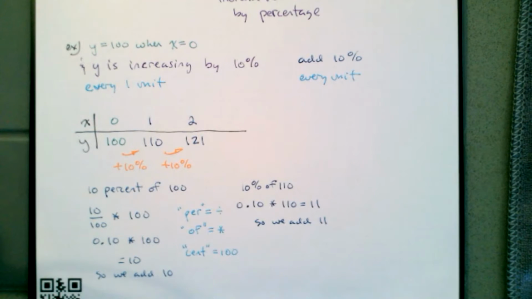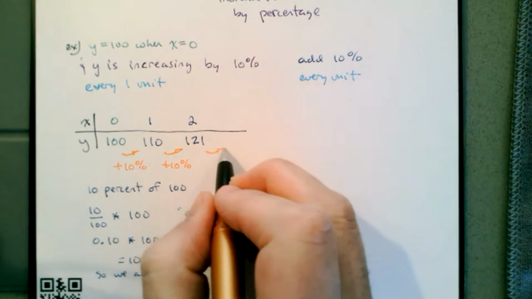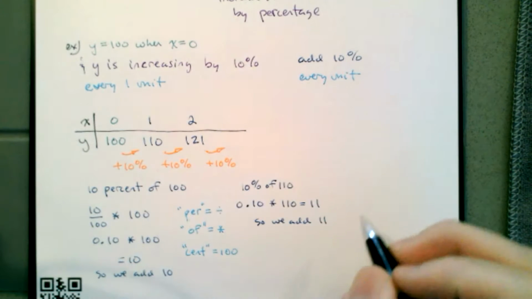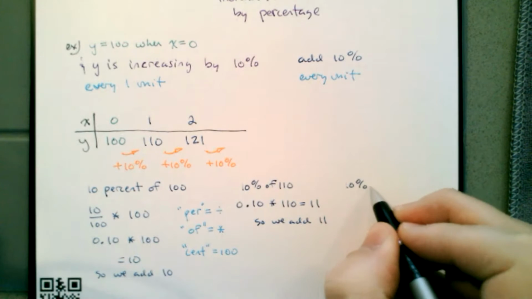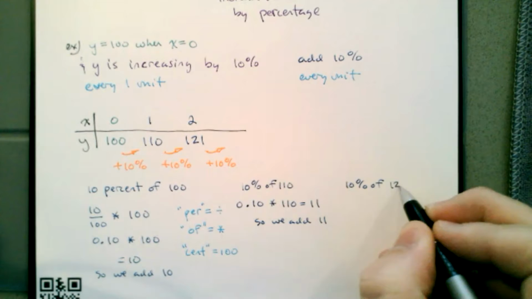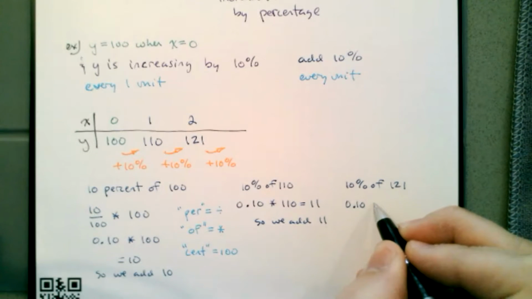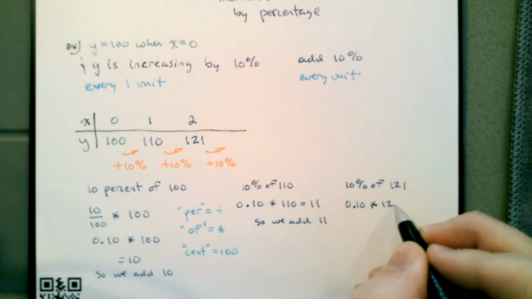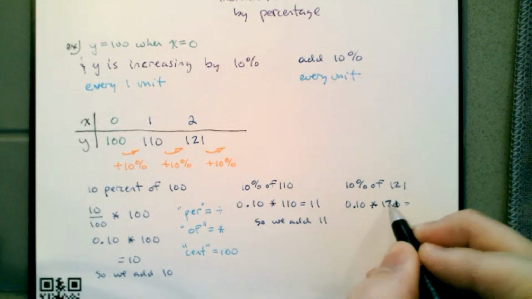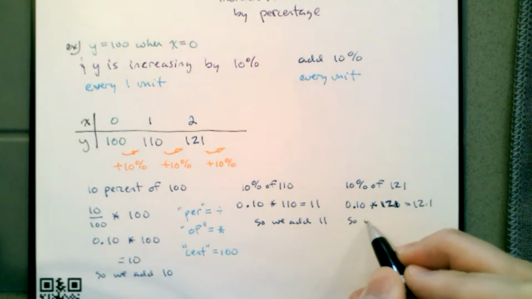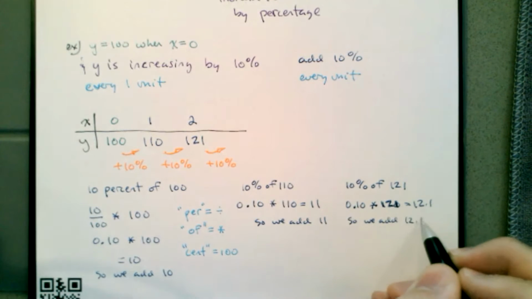In the third step, we're going to add 10% of 121. So we're going to add 10% again, but now we have more, so the percentage is going to increase as well. So we need to calculate 10% of 121. So 0.1 is 10%. Of is multiply, 121, is 12.1. So we add 12.1.